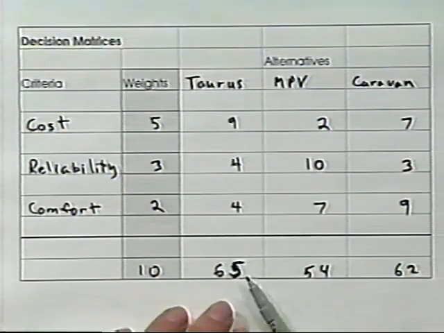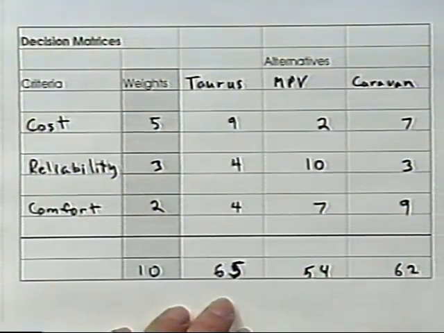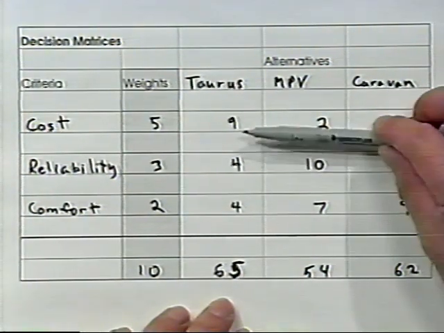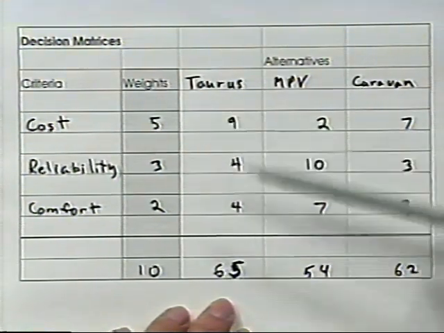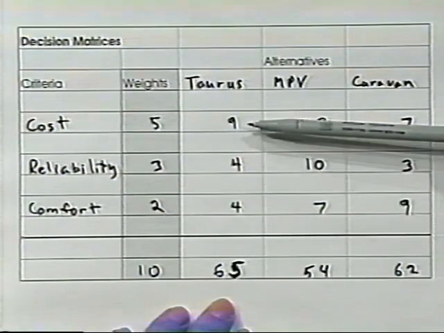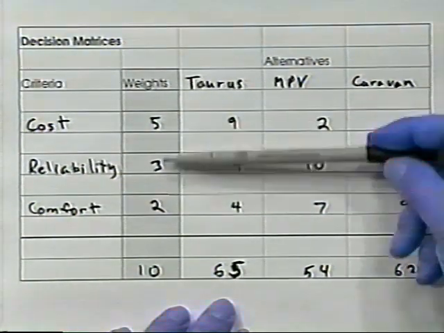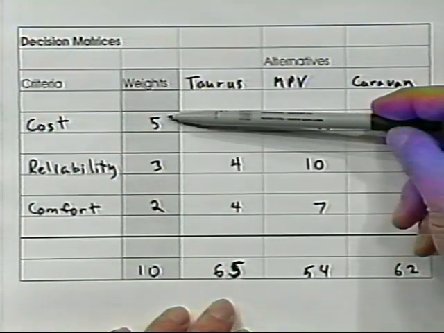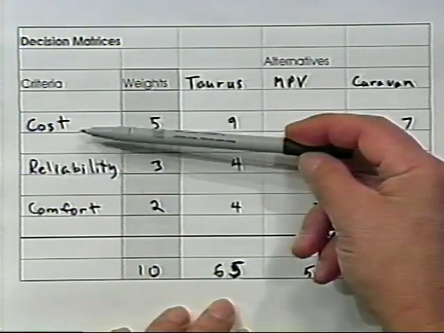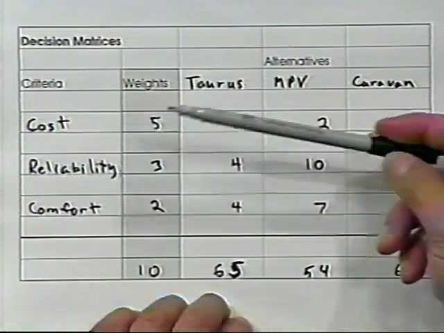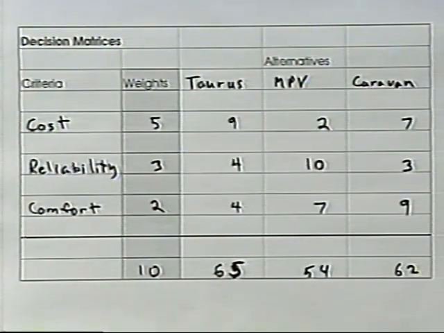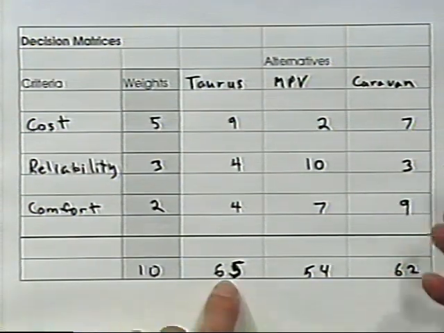First of all, that the alternative with the highest score is best is kind of clear, because you're totaling the ratings and the weights together, and the weights reflect the most important criteria, the fact that you value that criterion more, so a higher weight will contribute to a higher total value, which makes sense.